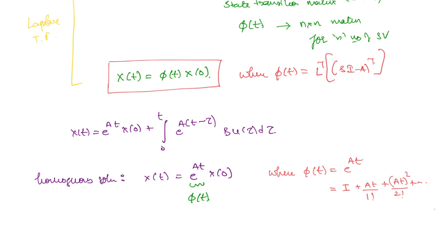The final result in either method will be the same, the state transition matrix in terms of t. Just that here we are making use of the Laplace variable and here we are making use of the time variable.